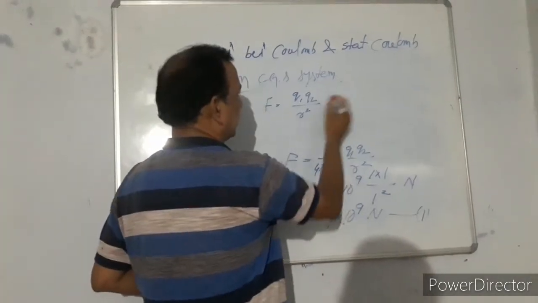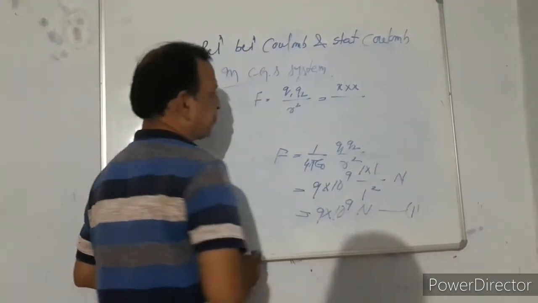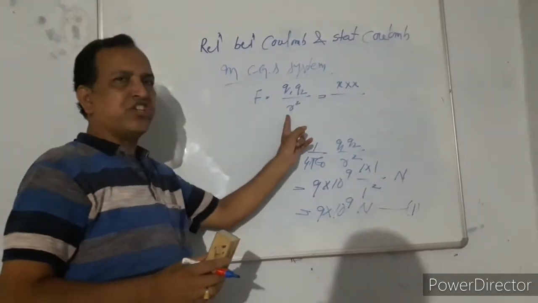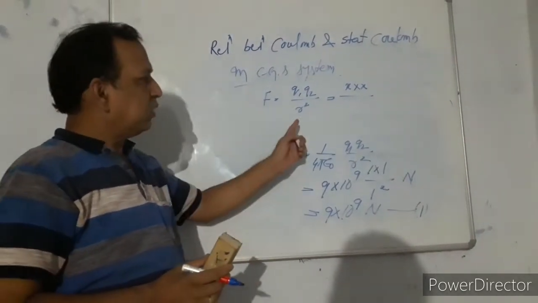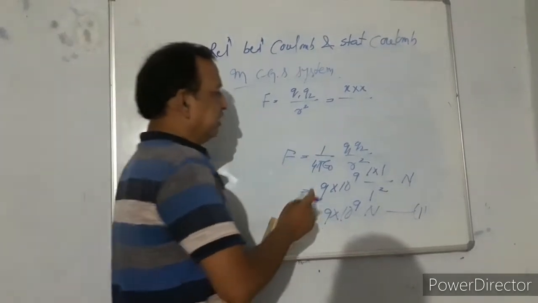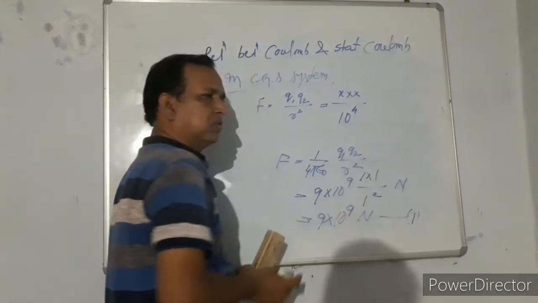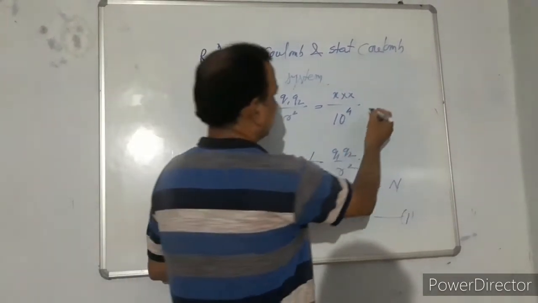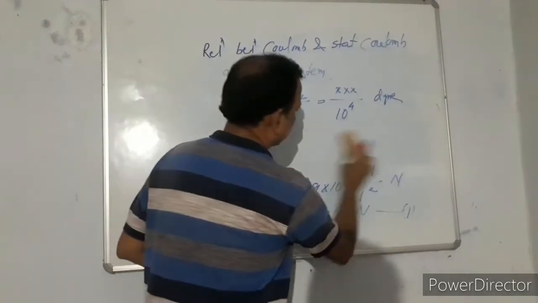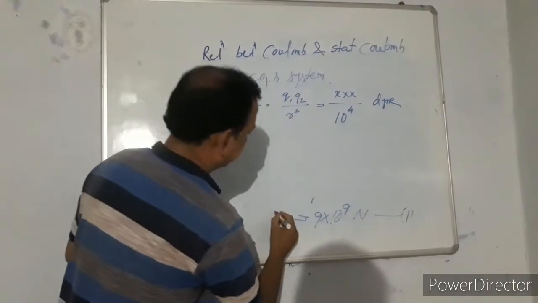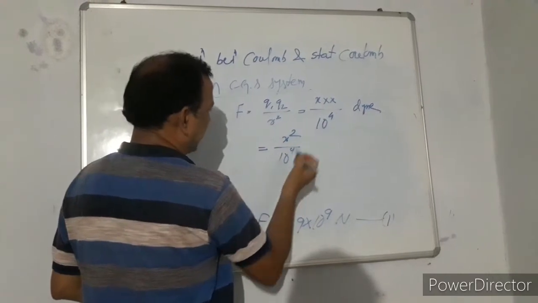That is equal to x into x stat Coulomb by R, which is 1 meter. 1 meter is equal to 100 centimeters, so R square is 10 to the power 4 square centimeters, and the force is in dyne. So it is x square by 10 to the power 4 dyne.